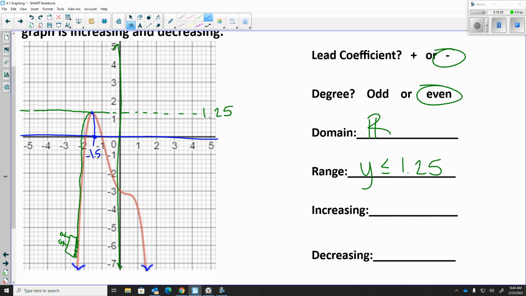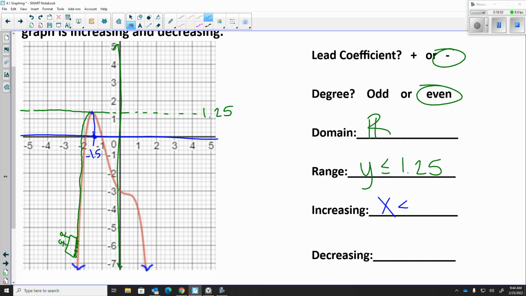All right, so how would I write that? It's all of the x's that are what? Am I less than or greater than negative 1.5? I'm less than. Should I say equal to? What's happening exactly at negative 1.5?